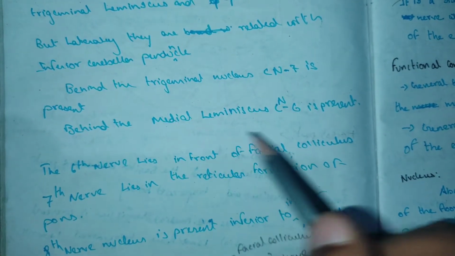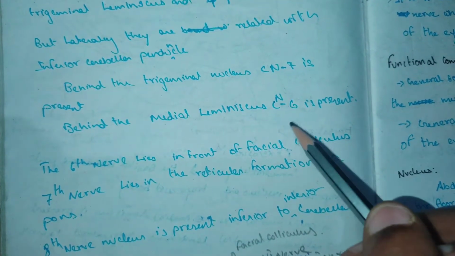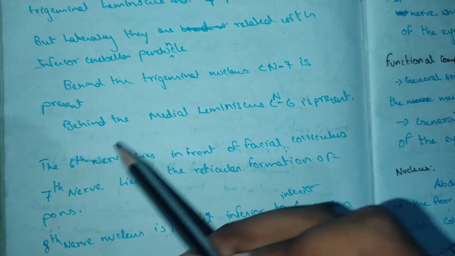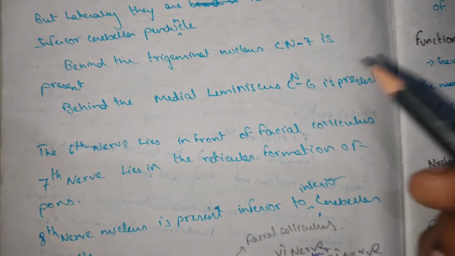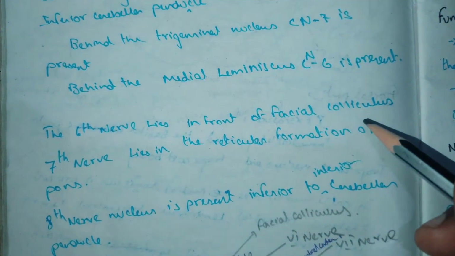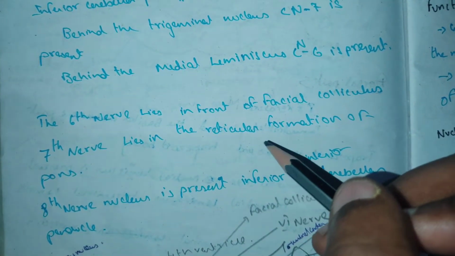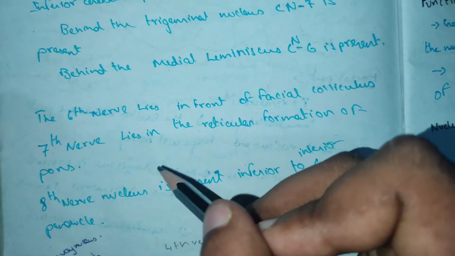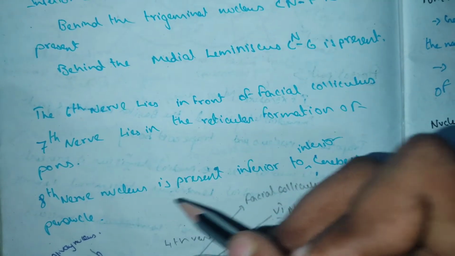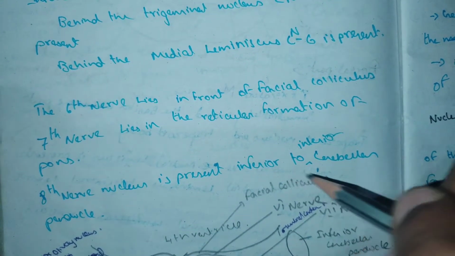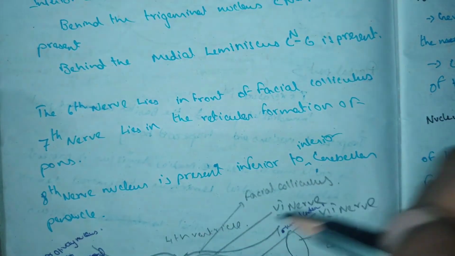Behind the medial lemniscus, the cranial nerve 6 nucleus is also present. The 6th nerve lies in front of the facial colliculus. The 7th nerve lies in front, in the reticular formation of the pons. The 8th nerve nucleus is present inferior to the inferior cerebellar peduncle.